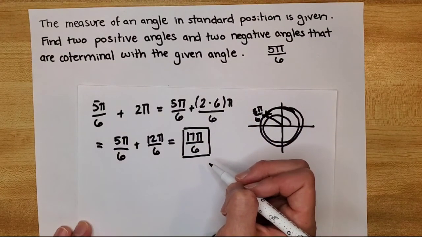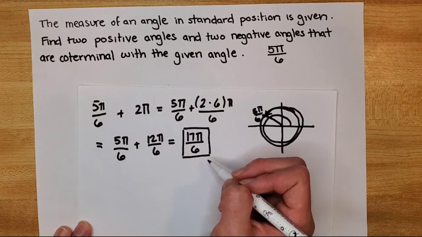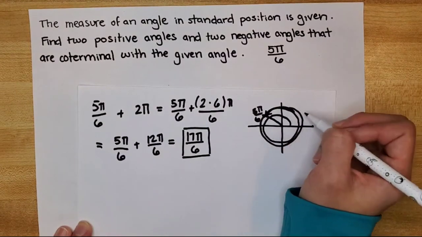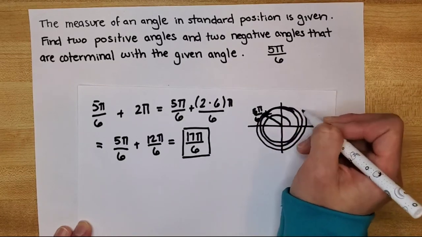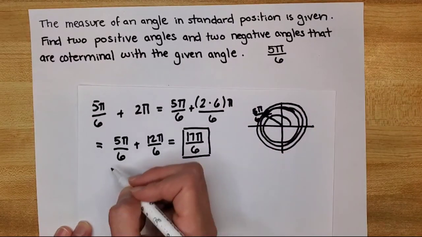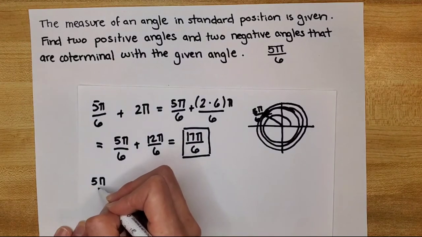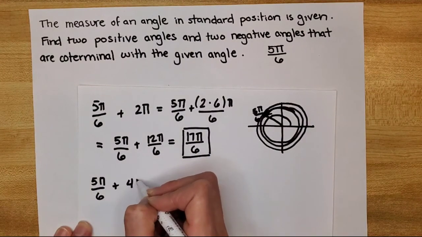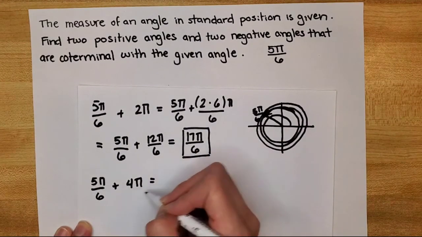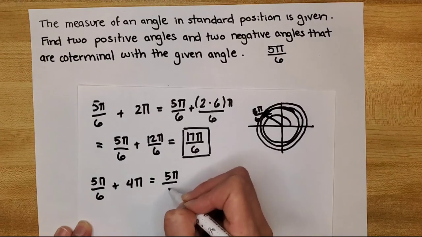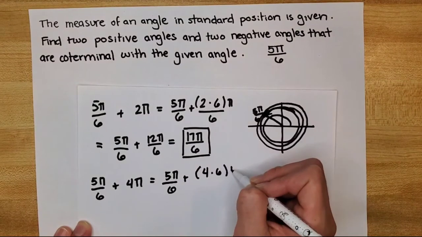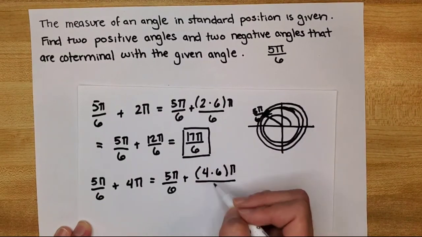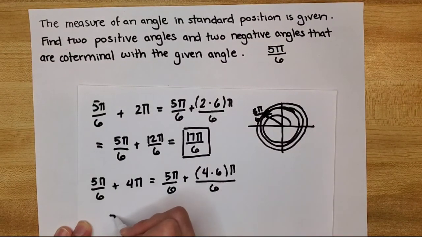We can do the exact same thing to find the second positive angle, but this time, instead of just going once around, we're going to go another full revolution around. So that is going to simply be 4 pi. Now, when we look at that, we'll do the same thing of finding the common denominator to then find our second coterminal angle here.